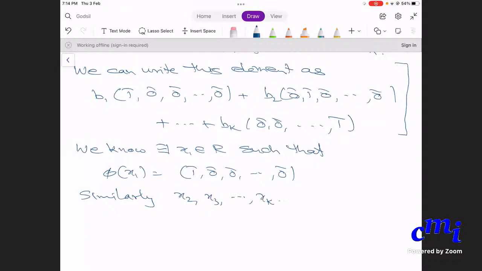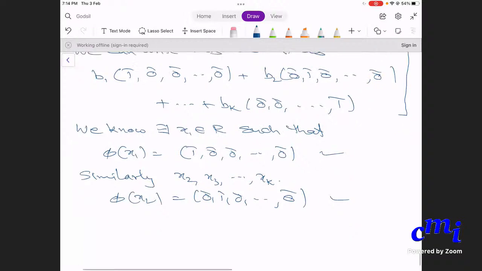So what will be phi of x2? Phi of x2, for example, will be 0 bar, 1 bar, 0 bar. How do we know? We don't know it yet. I'm saying, suppose we know that all of these elements of this kind are in the image, then there will exist some x1, some x2 such that these equations are satisfied.